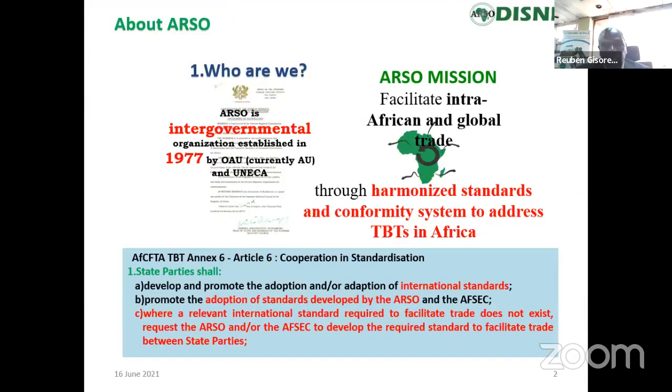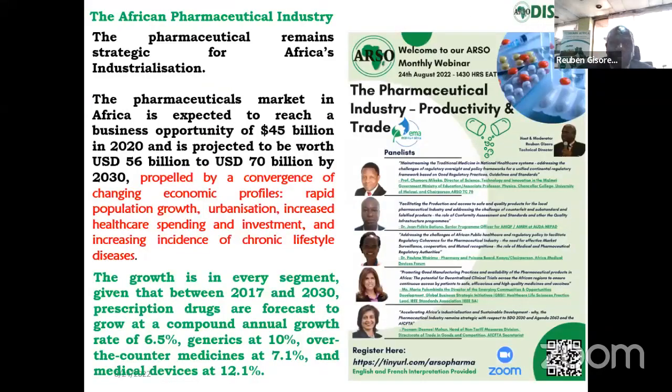In this particular aspect, what we are looking at is the kind of growth that is expected for the continent to be able to achieve the supplies that are needed.